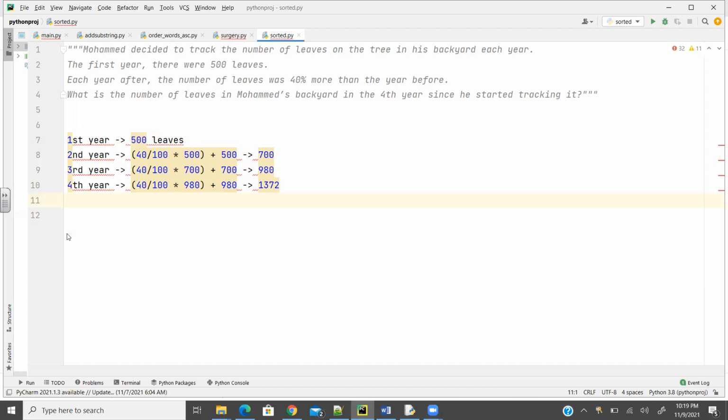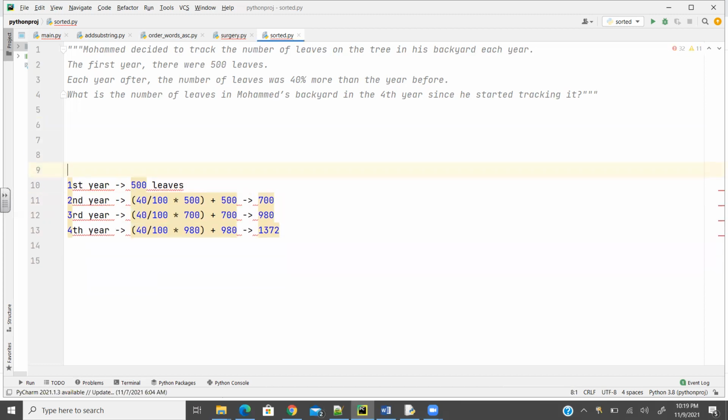Now, how do we implement that using Python? Right. I'm going to set some variables. So I'm going to say number, using the snake case, number of leaves. The snake case there has to do with using underscores. So number of leaves, I'll just set it to the initial 500.